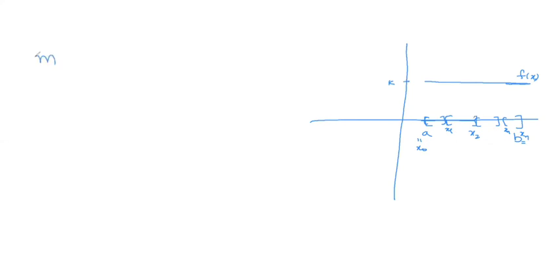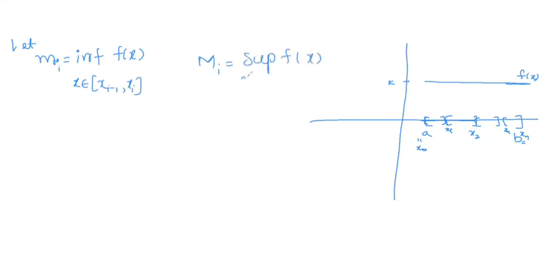So let us define small mi to be the infimum of all f of x values as x varies over the interval xi minus 1 to xi, and capital Mi to be the supremum of all f of x as x varies over the interval xi minus 1 to xi.